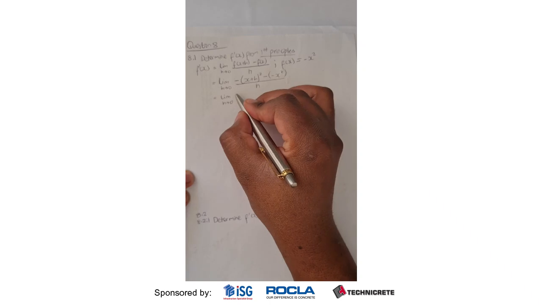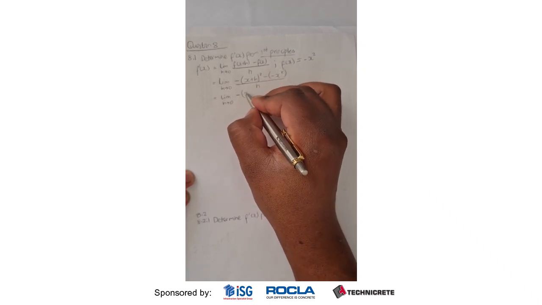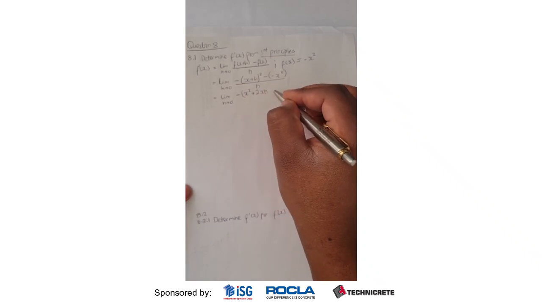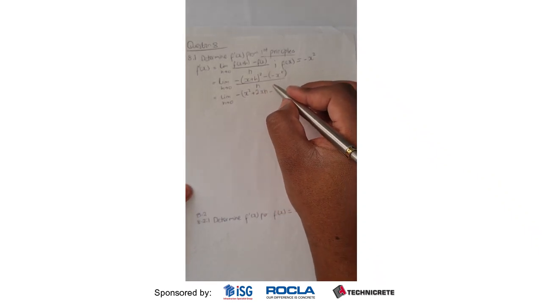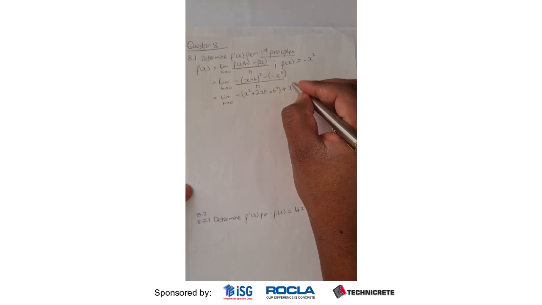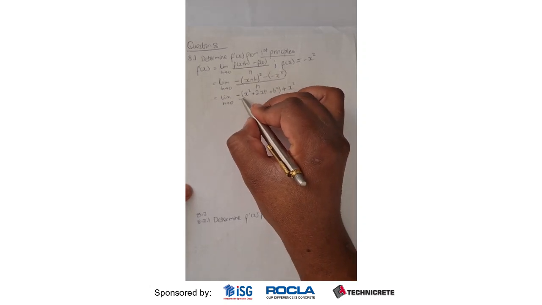Let's solve for the bracket there. This gives us x squared plus 2xh plus h squared, and solving for that gives us a positive x squared. So it's a positive multiplied by a positive.